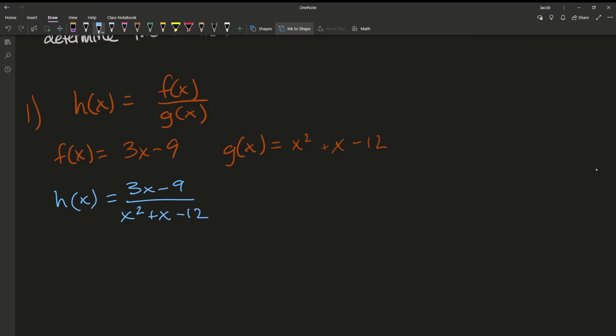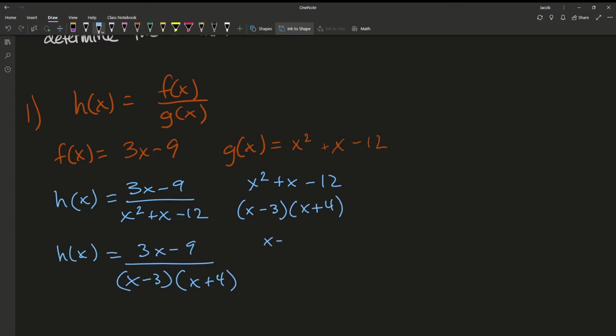So we're going to solve for 0 and determine when the domain has an input that's not allowed. From the work that I've done here, it's easy to see that x equals 3 and x equals negative 4 are not going to give us an output because we would be dividing by 0.